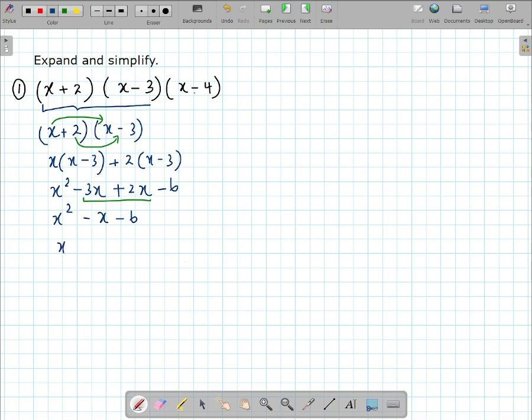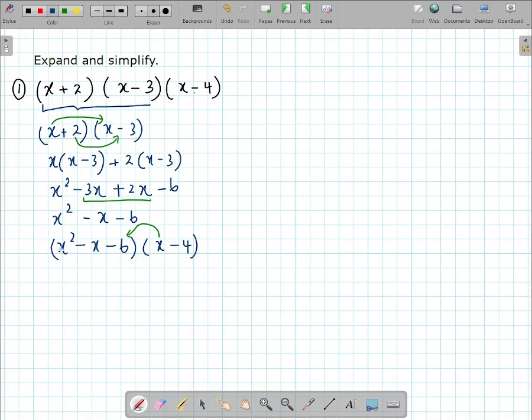Now I can take this answer and multiply by this bracket. So x squared minus x minus 6 multiplied by x minus 4. Then what I'm going to do is multiply this entire bracket by x.